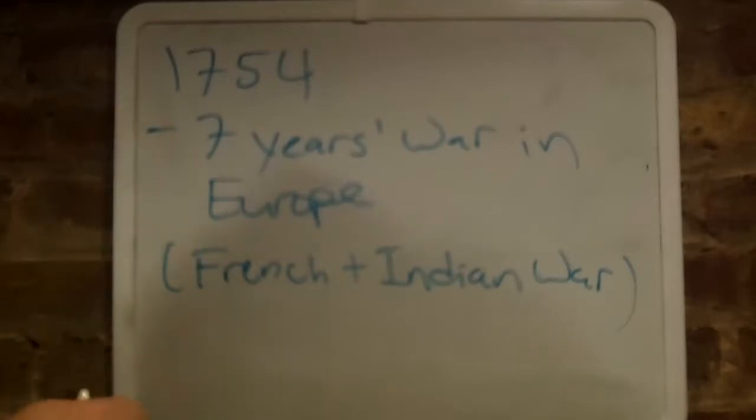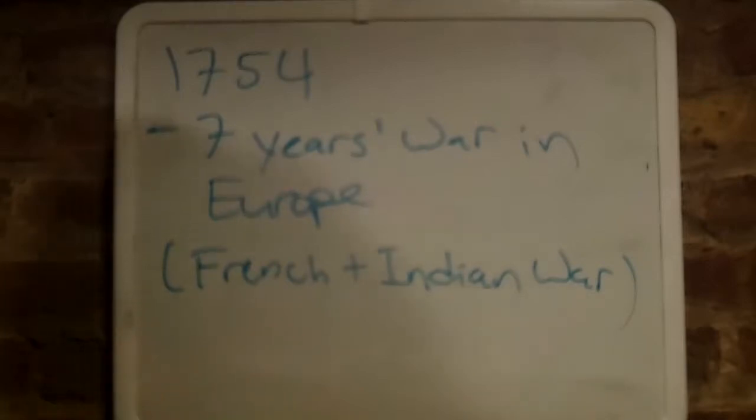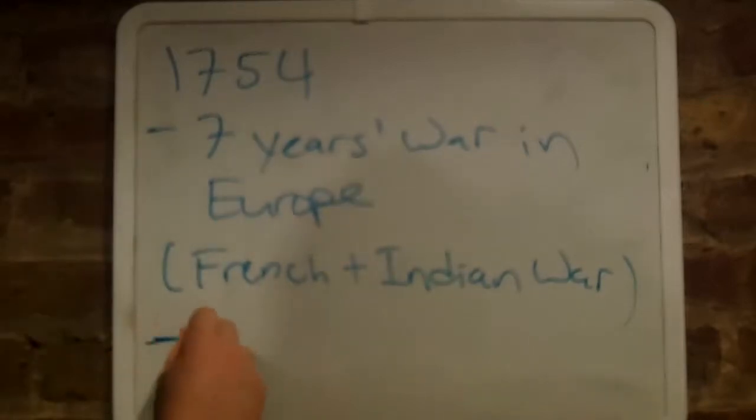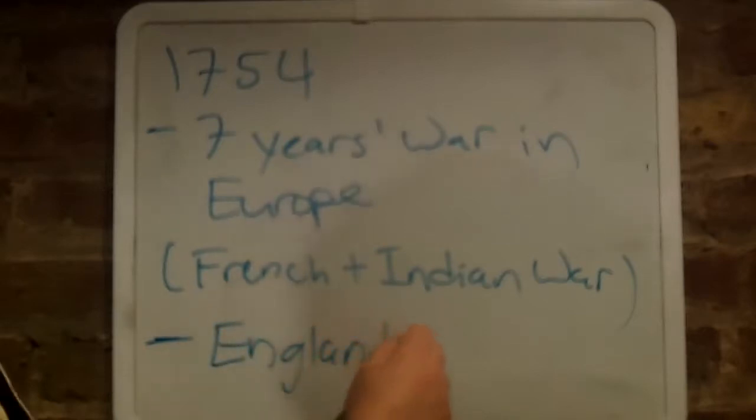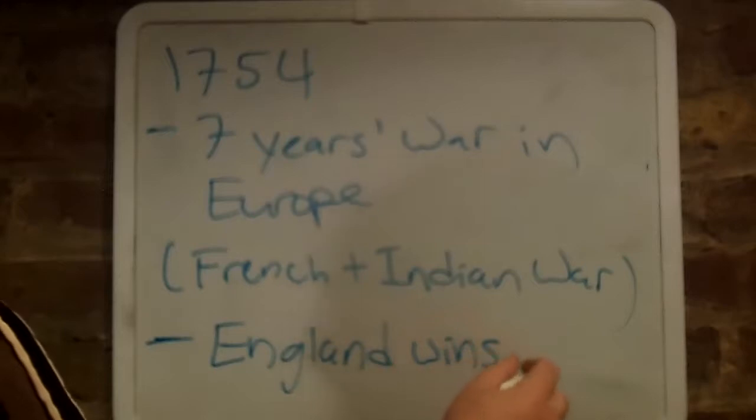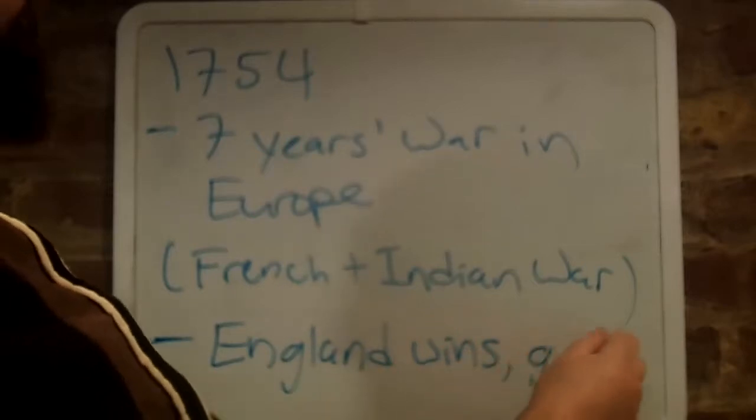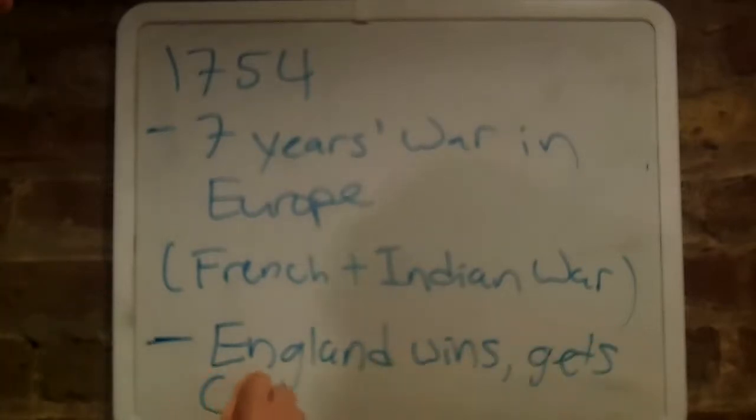Some of the native tribes sided with the French, others sided with the English. They fought it out, and the net result was that England was victorious. And they get Canada, which up until that time had been a French territory.